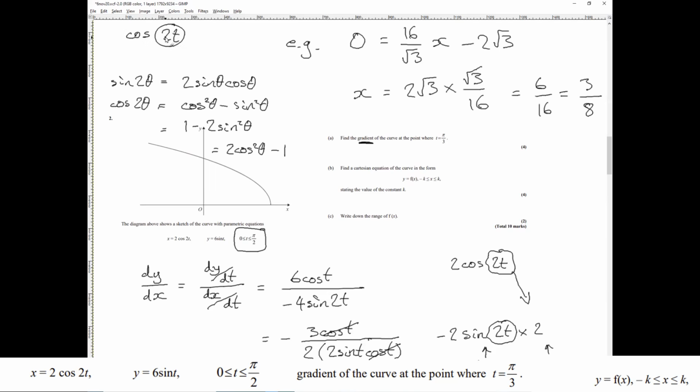Which is 1. Cos of 2t is 1. So 2 cos of 2t is 2. Yes. We have to be that pernickety, don't we, with that?